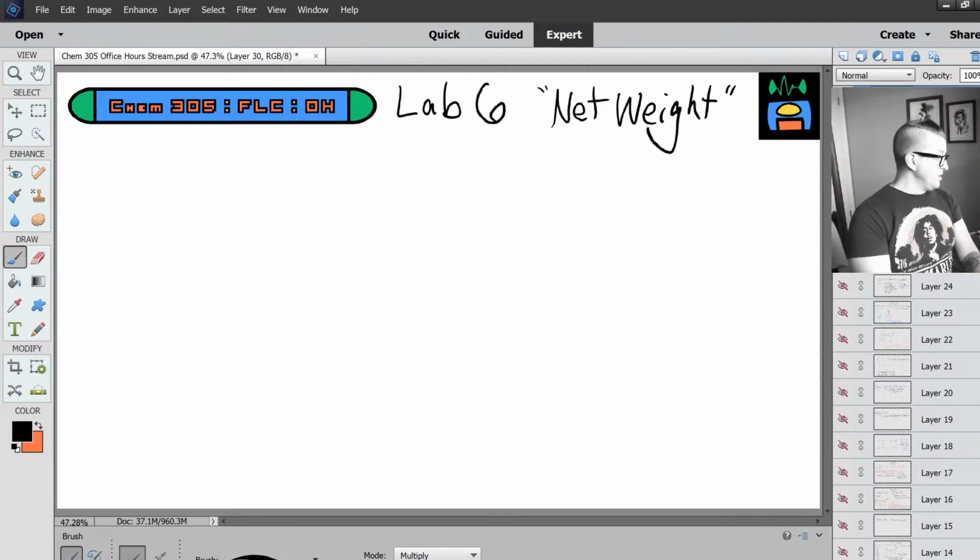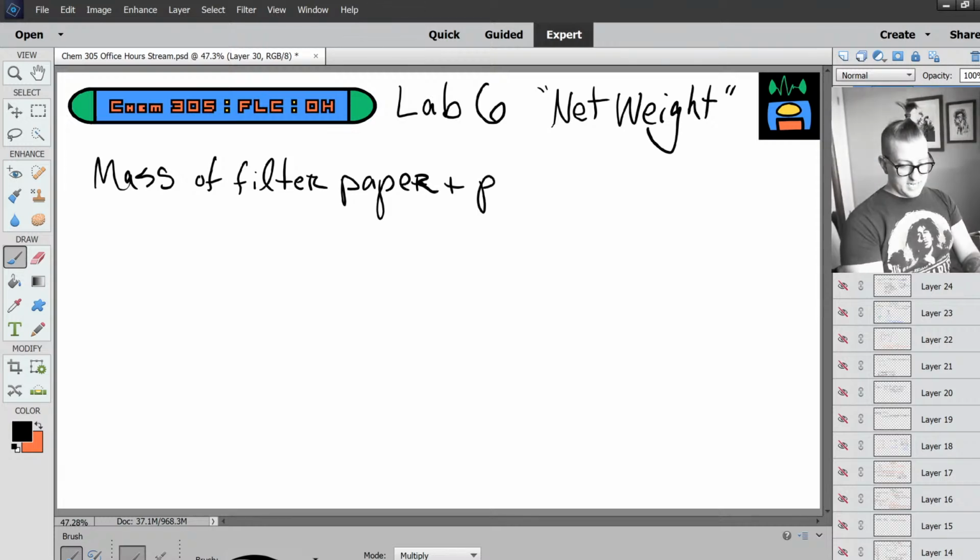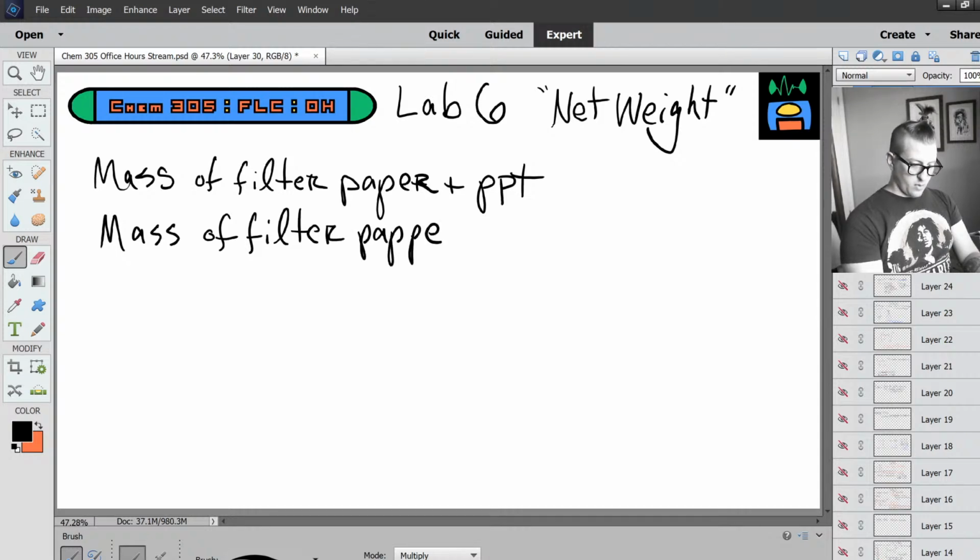The Google Sheet. It tells you the mass of the filter paper plus the precipitate, and it also gives you just the mass of the filter paper.